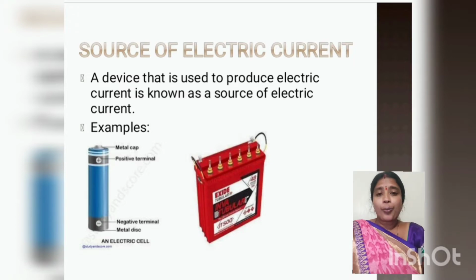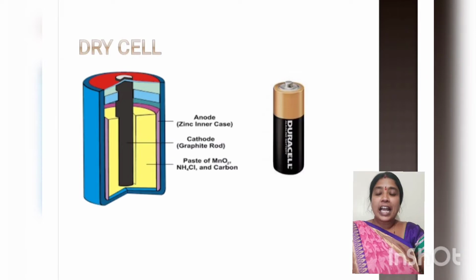But now you might be wondering what is present inside this cell which makes the current flow. So, let us explore the internal structure of a dry cell. Now, what is a dry cell?